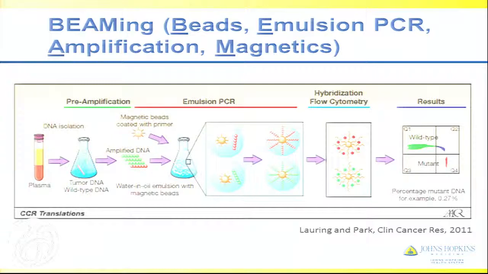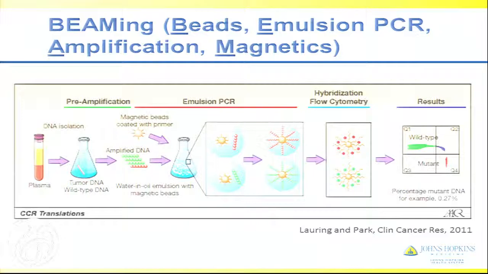After isolation of the DNA, you have a random mix of wild-type DNA and trace amounts of tumor DNA mixed in. The first step is an amplification. The second step is essentially a way to separate all of the different DNA fragments into single PCR compartments. And with beaming, it's done within water and oil emulsions.